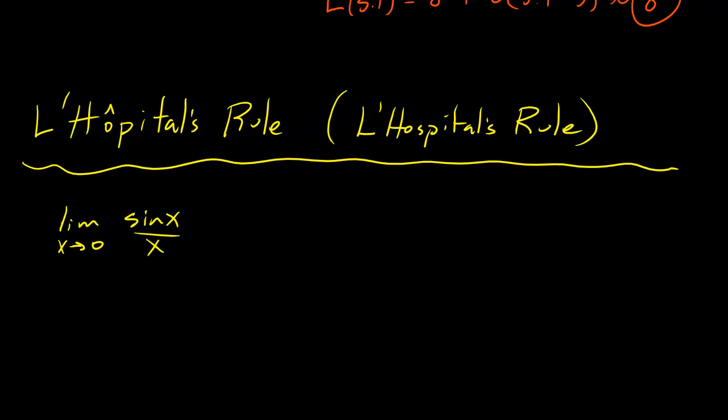Perfect. Okay. So if we plug 0 in, you get 0 over 0, and that's called an indeterminate form. So L'Hopital's rule is how to evaluate limits with indeterminate form.